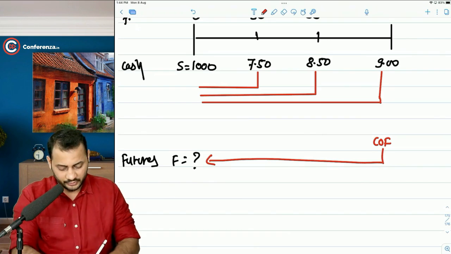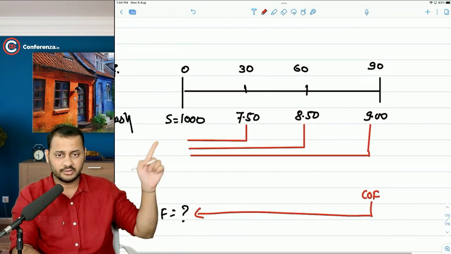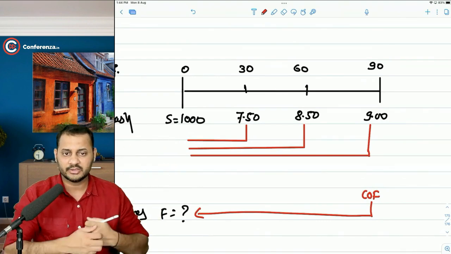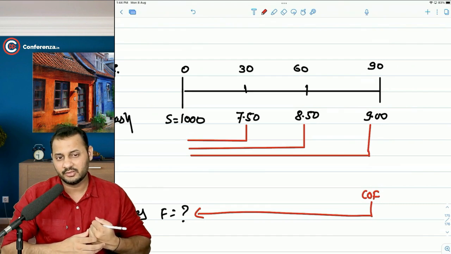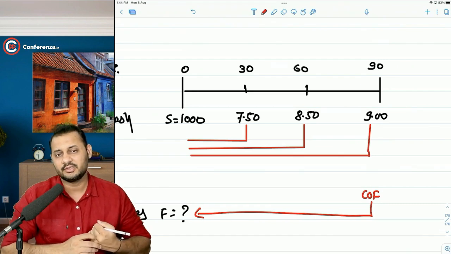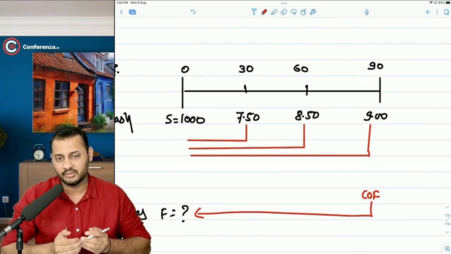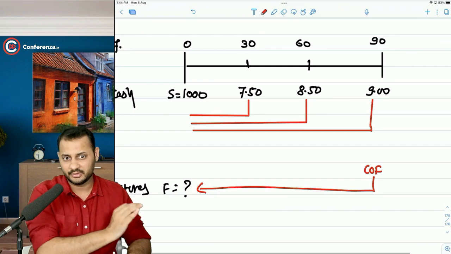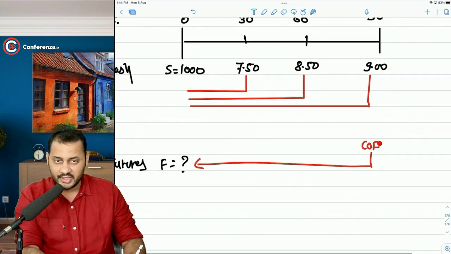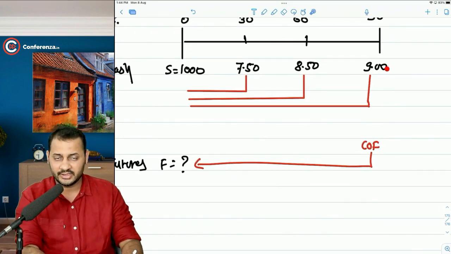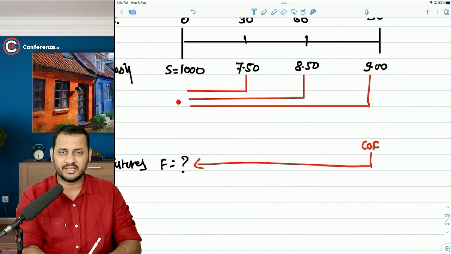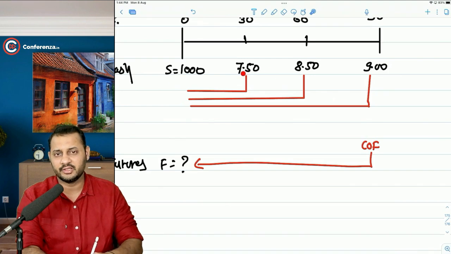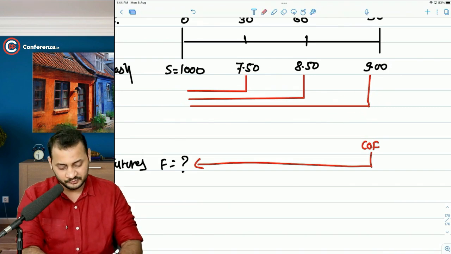So 7.5 is going to be discounted by 1 month, 8.5 will be discounted by 2 months, and logically speaking you don't have to discount the third one, 9, but still let's do the same treatment for all the dividends. So 1 month, 2 months and 3 months. Anyhow we need a cash outflow at this point of time, so we can deduct directly 9 rupees. We don't have to calculate the present value of this. But I think the question has done it. So let's first do it and then I will show you how we can do that.